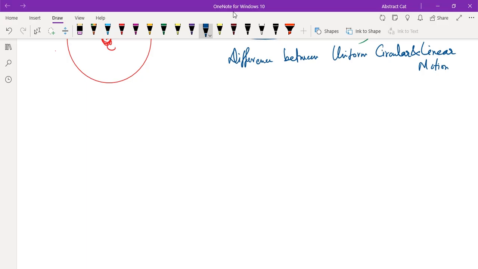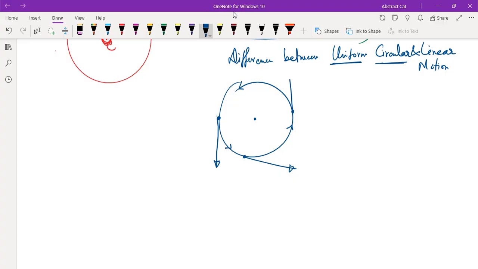In the case of circular motion, velocity changes because if a body or car is rotating in a circle, at that point the velocity is tangent. If the car or body moves in an anti-clockwise direction, the velocity is tangent, because velocity is a vector quantity.